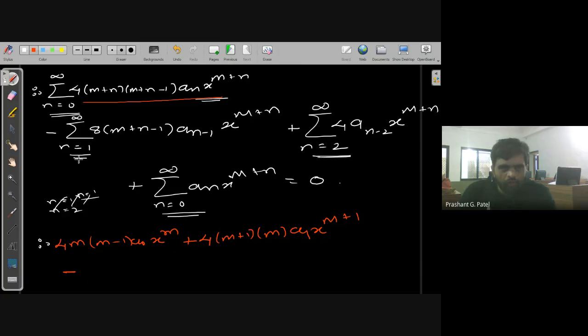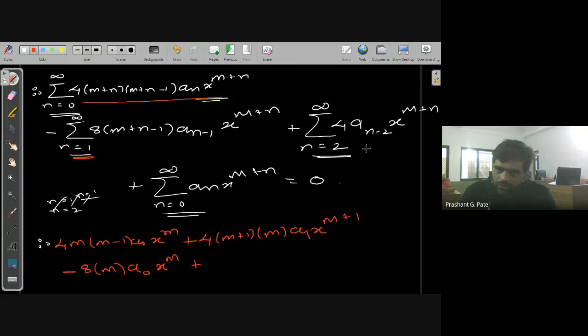Minus, now for this n is running from 1, so I need to write down the n equal to 1 term separately. So that's why it is 8 into m plus 1 minus 1, so it is m a0 x power m, because it is n equal to 0, plus summation starting with n equal to 2 to infinity, that I'll write down separately.